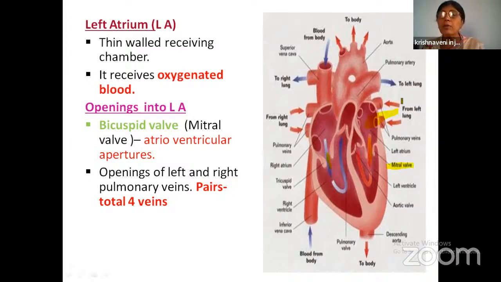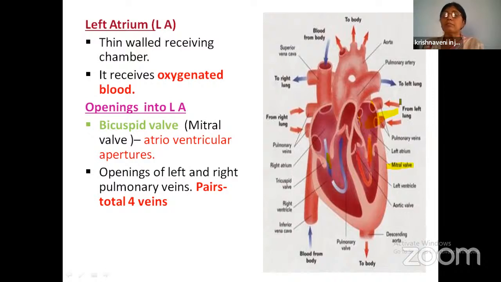See here, you are able to watch. This is the left atrium. Here you can observe 4 openings. This is the 1st, the 2nd, the 3rd one, and then the 4th one. From where do they collect the blood? On the left side, 2 openings, 1 pair of veins.